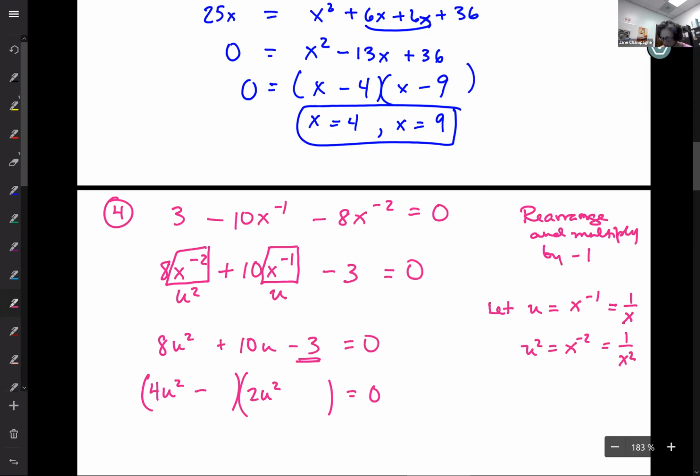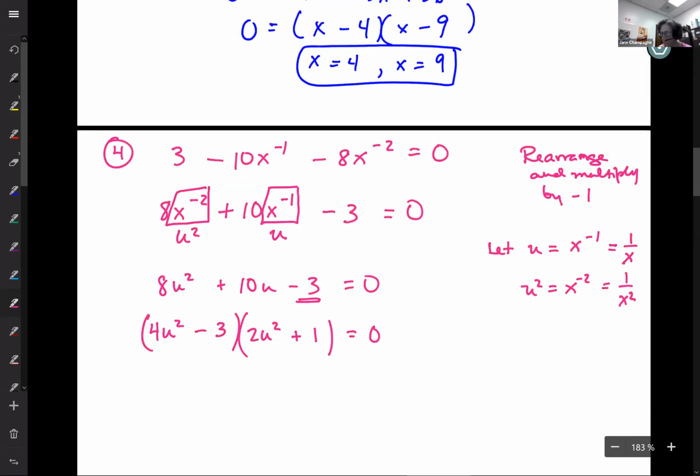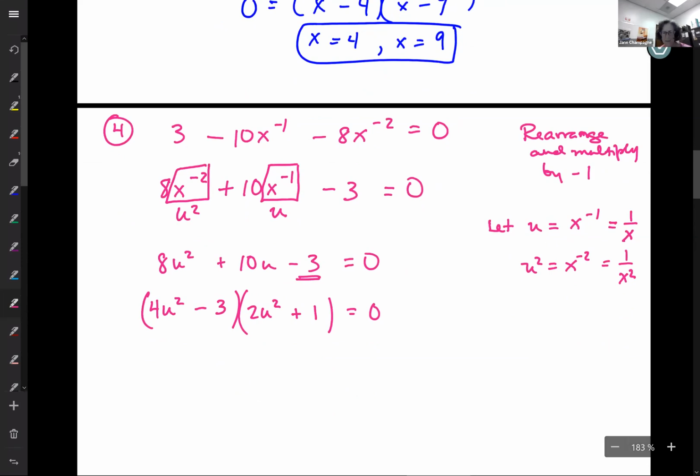So here's where you just want to kind of try. There is that AC method you can use as well. But trial and error works too if you just try things until you come up with something that works. That doesn't give you, oops, it's supposed to be just u, not u squared, sorry.